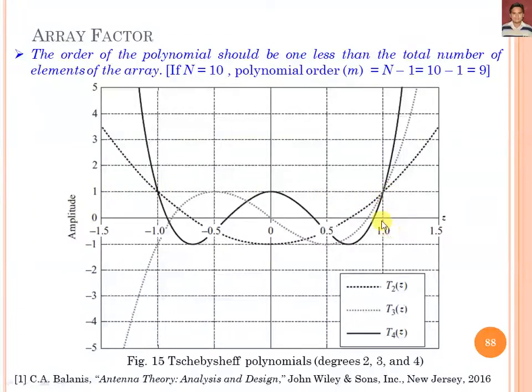As you can see, this is +1 and this is -1, and again this is +1 and this is -1. So this value lies in the -1 to +1 range. Similarly, T3z also lies between -1 to +1, and T4z also lies between -1 to +1, as you can see with the solid line.